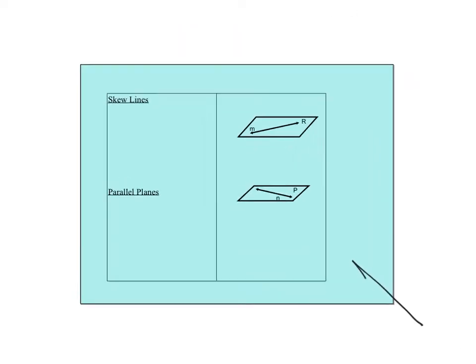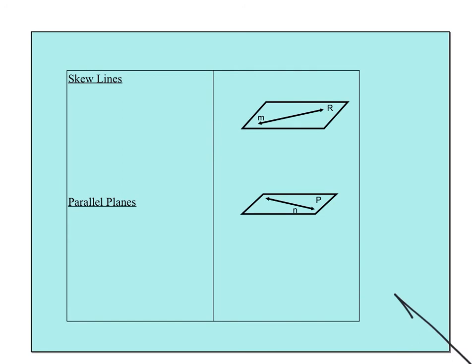Let's talk a little about that other type of line. These are called skew. They will never touch as well, but they are not coplanar and they are not equidistant apart.